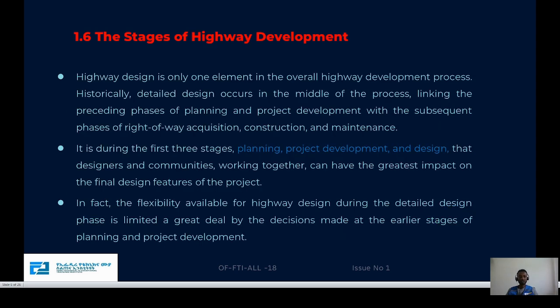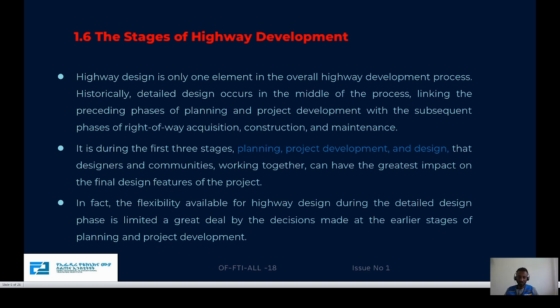The second part of the main topics to be covered is the stages of highway development. Highway design is one element in the overall highway development process. Historically, this detailed design occurs in the middle of the process, linking the planning stages with project development, with subsequent phases of right-of-way, construction and maintenance.